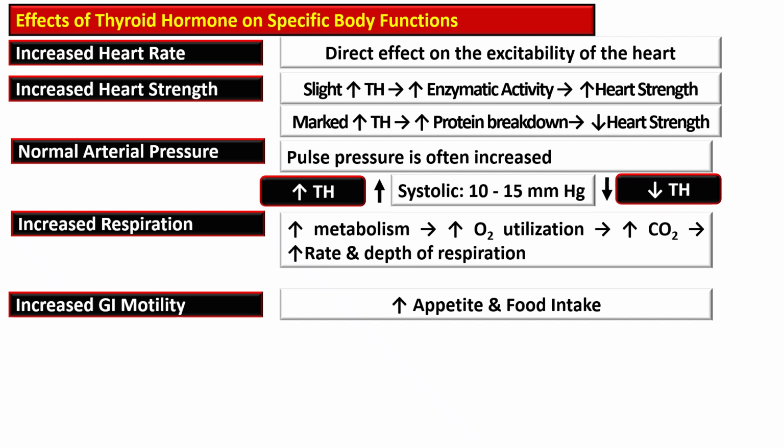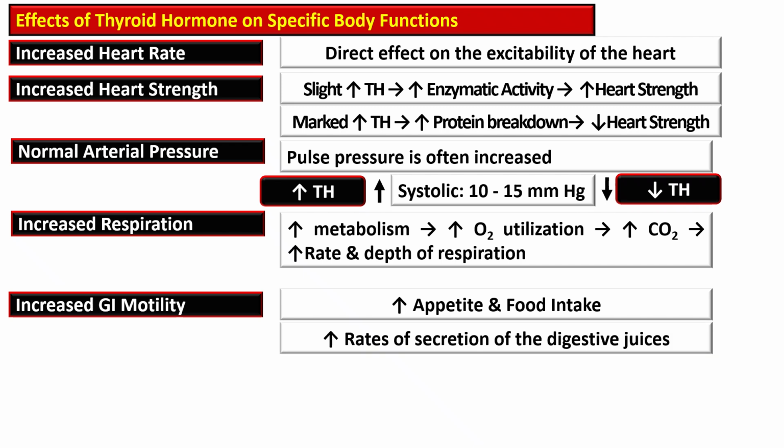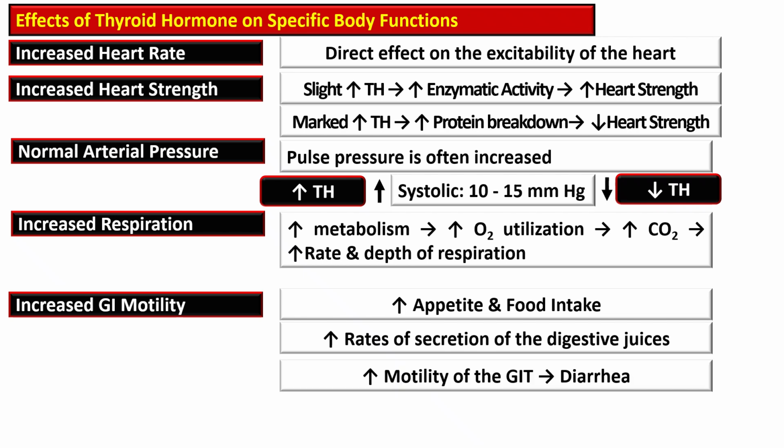There is increased appetite and increased food intake with increased thyroid hormone, and also the motility and digestive secretions are increased within the gastric system. So hyperthyroidism may result in diarrhea, and hypothyroidism may result in constipation.